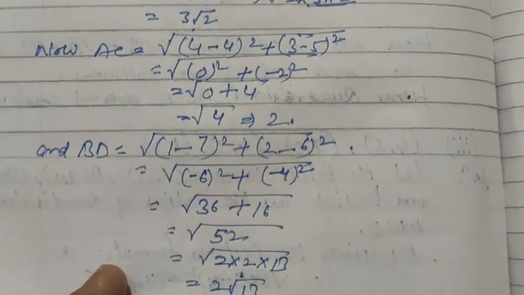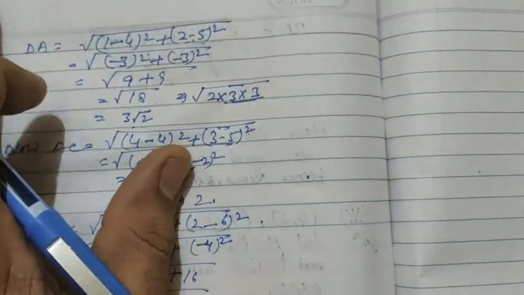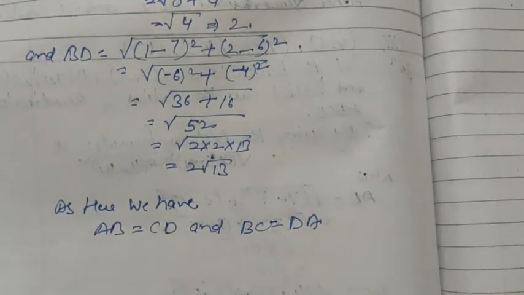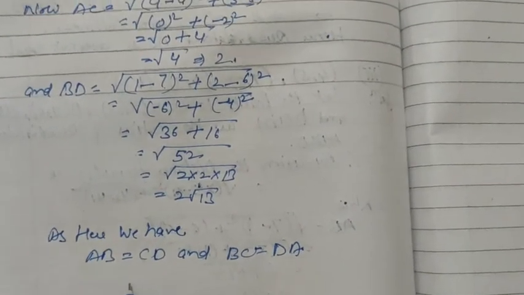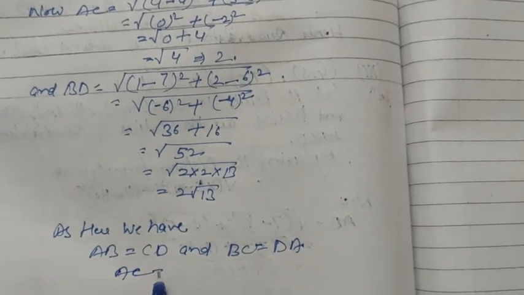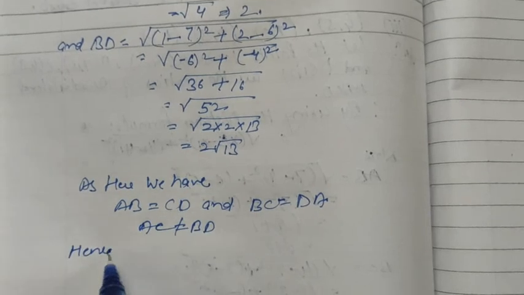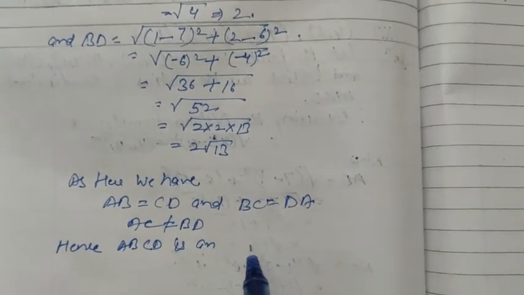First is 2 and second is 2 under root 13. So we have opposite sides equal and diagonals unequal, that is AC is not equal to BD. This implies, or we can say hence, ABCD is a parallelogram.